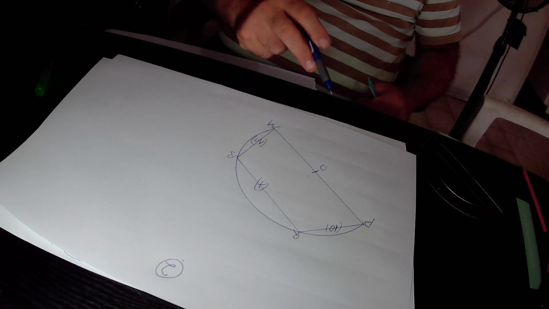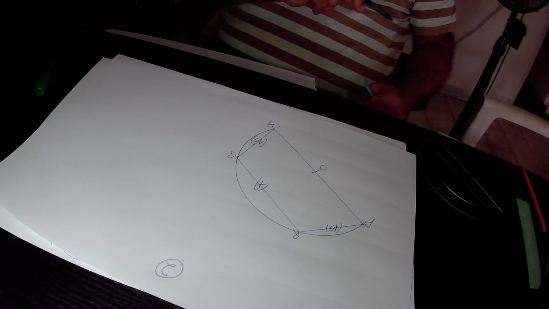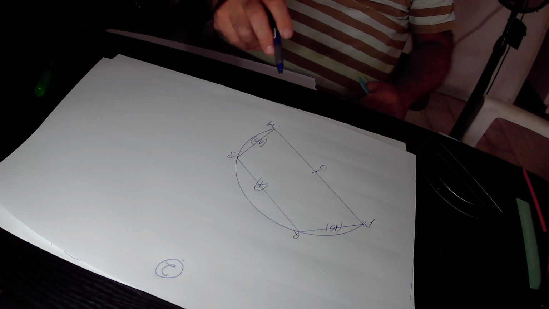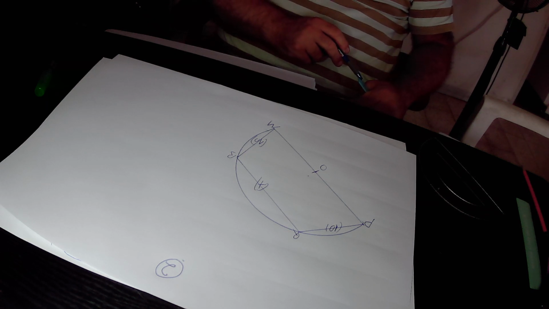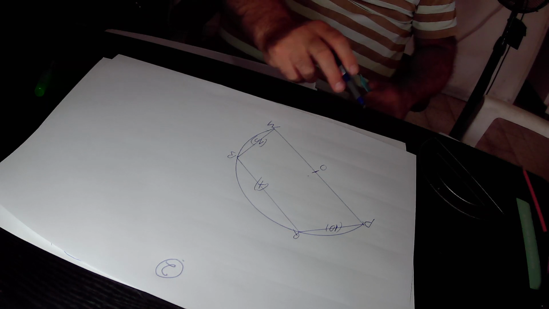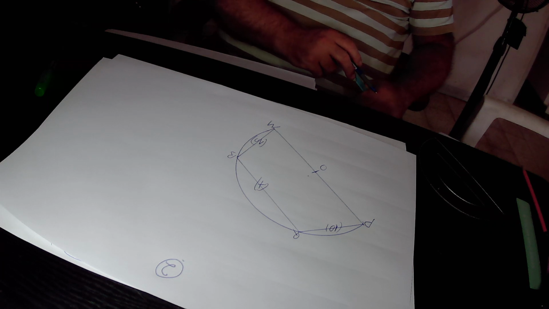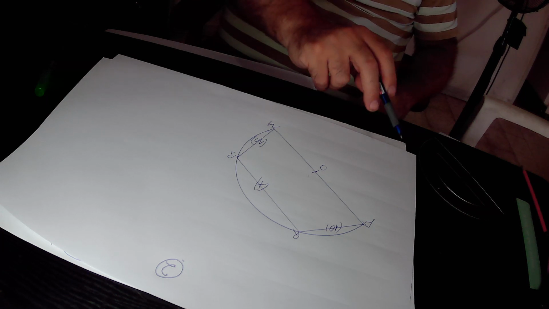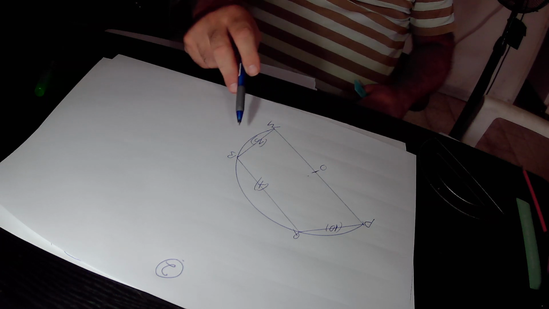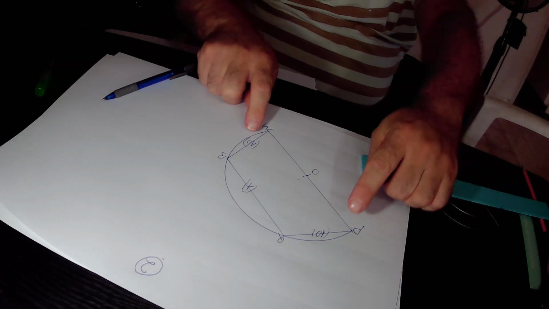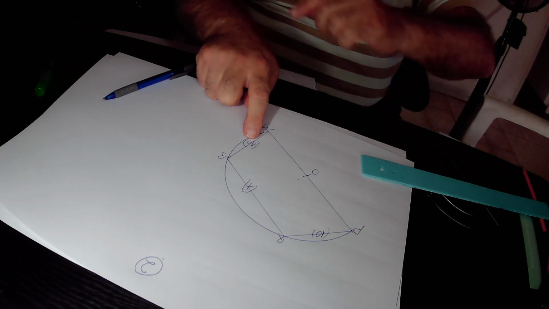Chord PQ is equal to chord MB, they are both equal to 10 units in length, therefore they are equal to each other. Point O is the center of this semicircle. In the next step, we will extend line segment PQ and line segment MB until they intersect with each other.